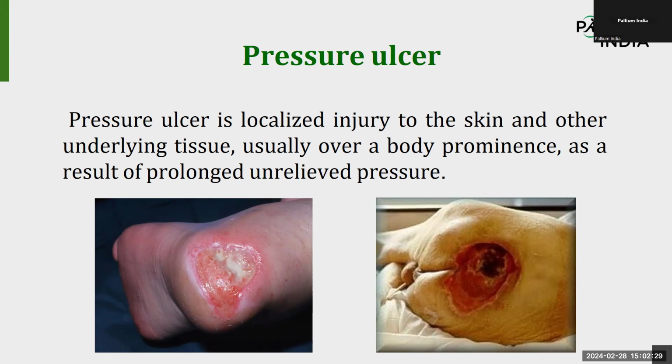So it will cause sore-like or wound-like appearance in that area, that is called a pressure ulcer. The main reason for that ulcer is pressure. So that's why we call it a pressure ulcer. Is it clear? Yes, ma'am. Okay, thank you.